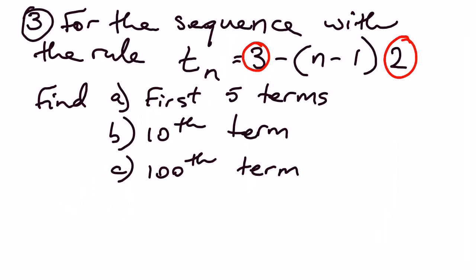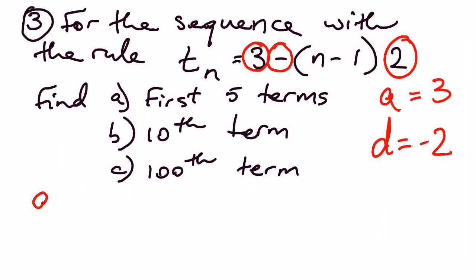But be careful. This is a subtraction, right? So instead of adding something each time, I'm taking something away each time. So that means my common difference is actually going to be negative 2 and A is 3. So the first 5 terms is going to be 3.